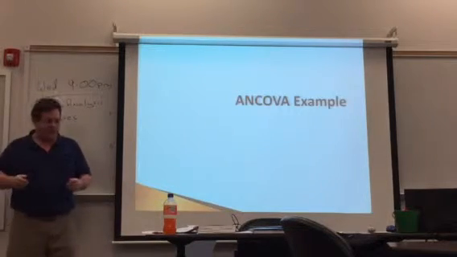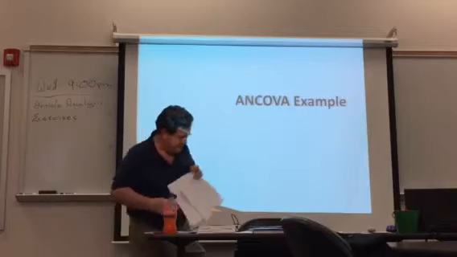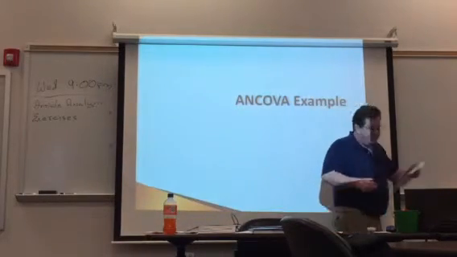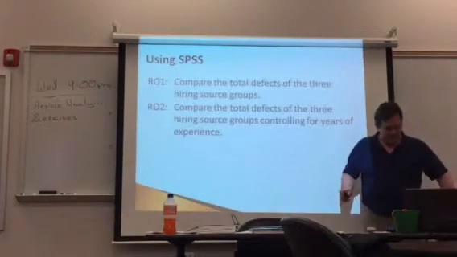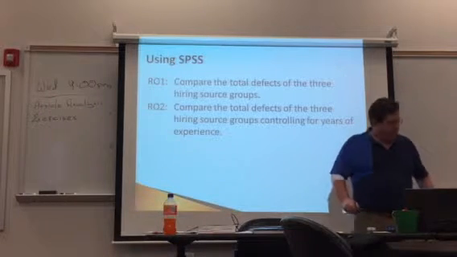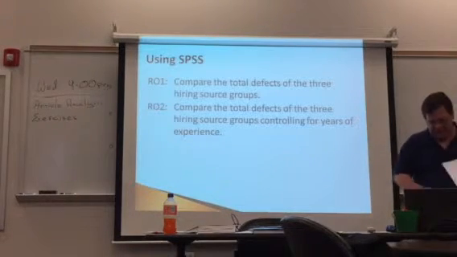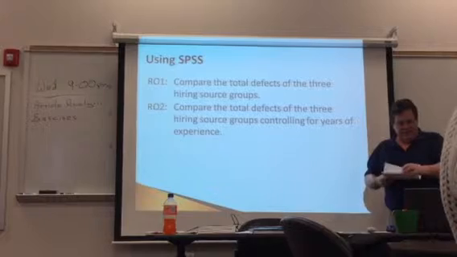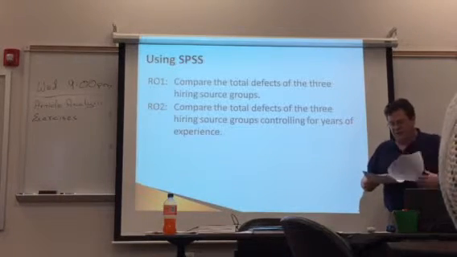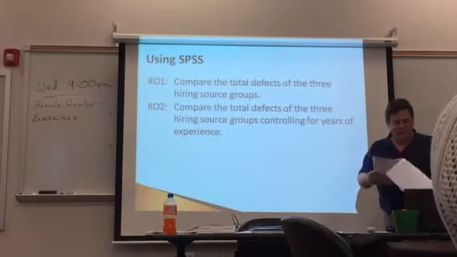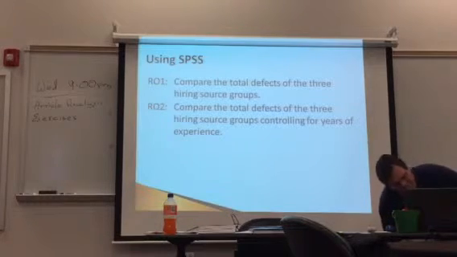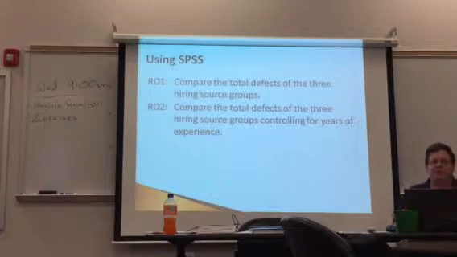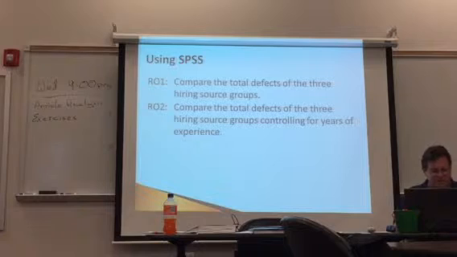Okay, so example time. What we're going to do is look at the total defects based on the hiring source. And I don't think we've done that yet. We've just been looking at training group for the most part.